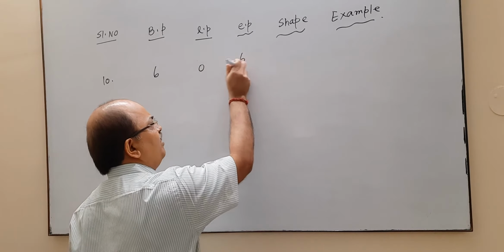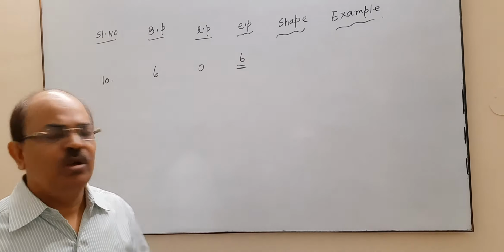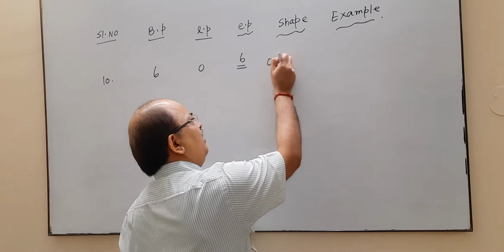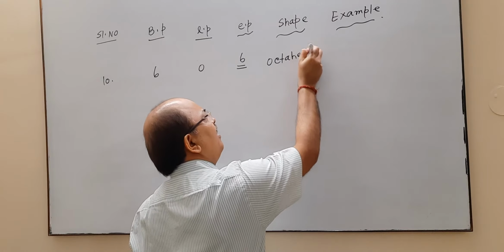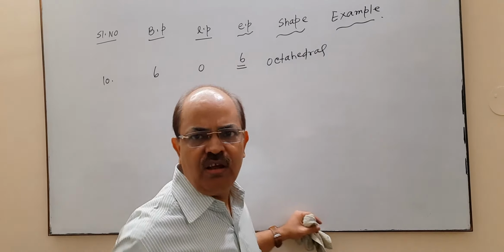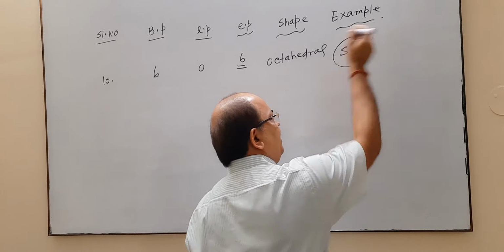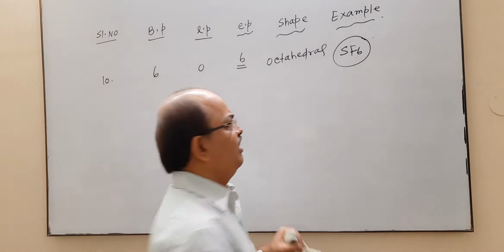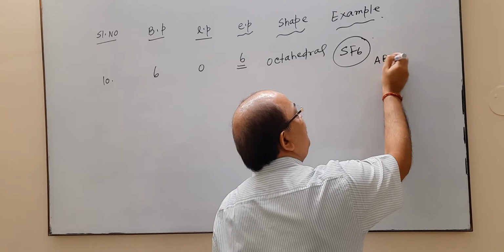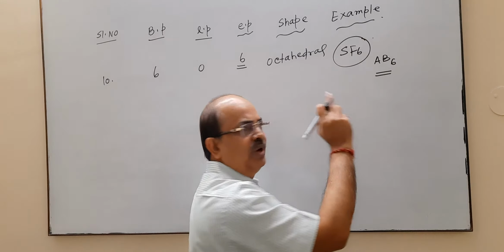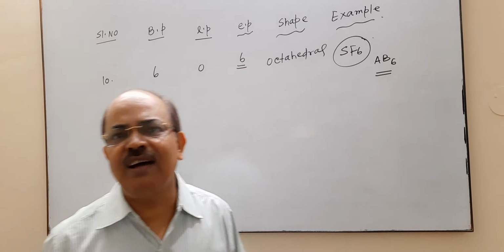So the number of electron pair is again 6, because 6 plus 0 is your 6. The shape is octahedral. Example is SF6. You can say it is of your AB6 type. A is your sulfur, B here is fluorine.